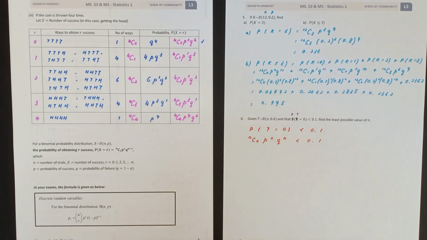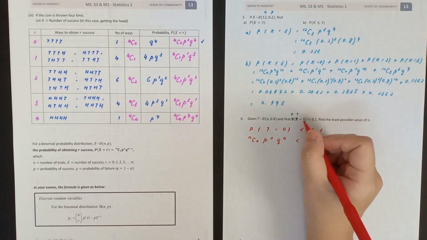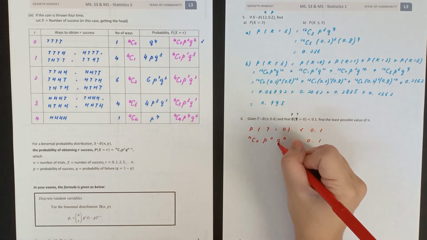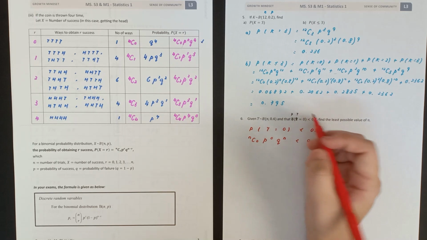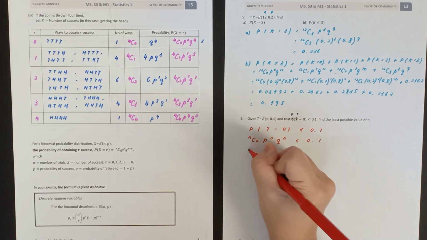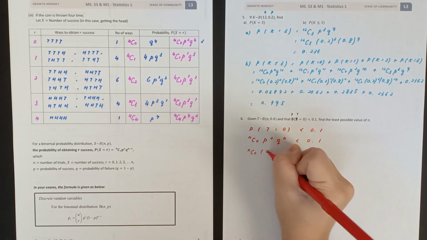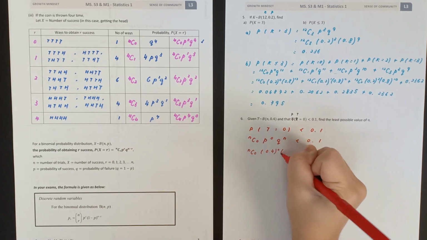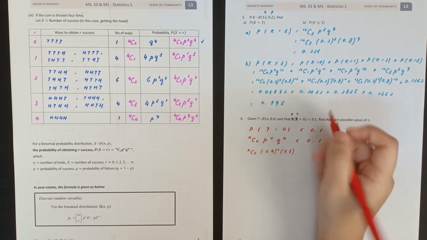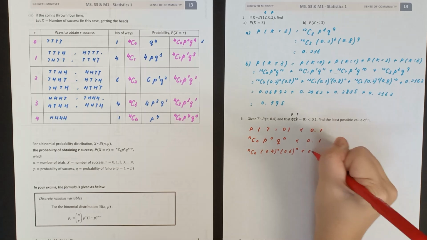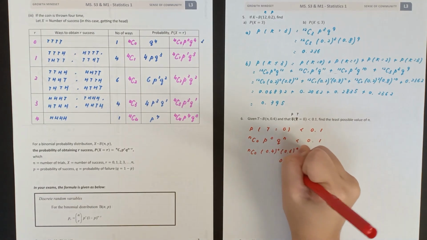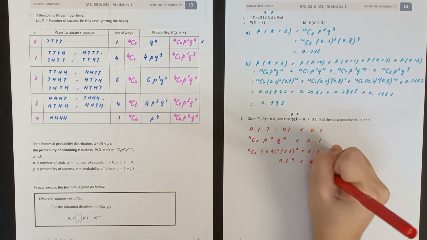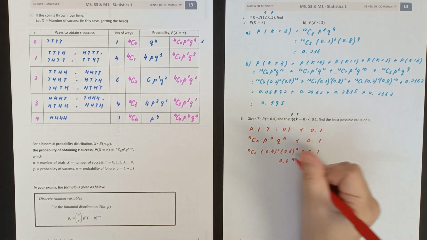Then nC0 p^0 gives you 1, then q^n. So what is your q? If your p is 0.4, your q is 0.6. So 0.6 to the power n is smaller than 0.1. Then we take log again.